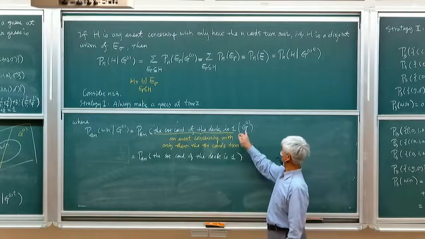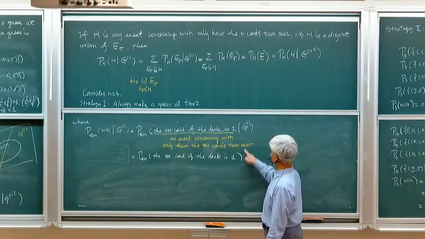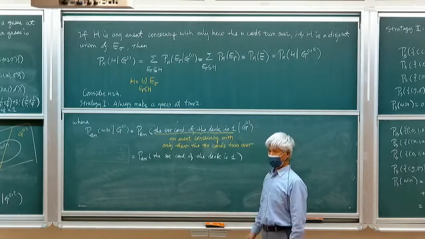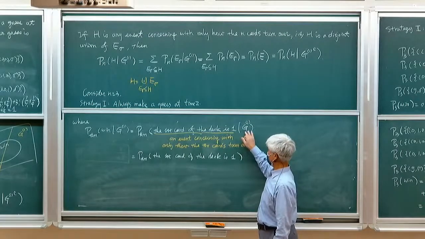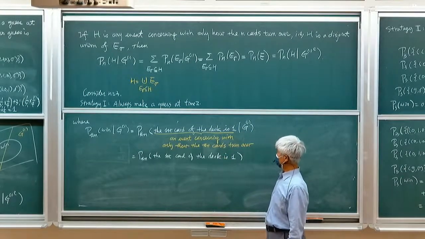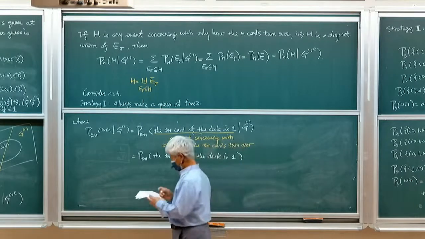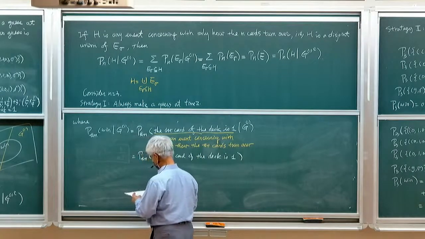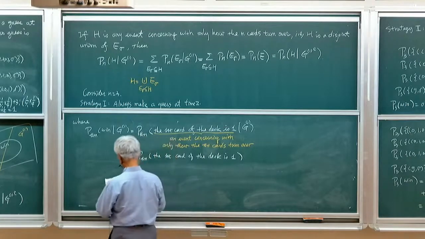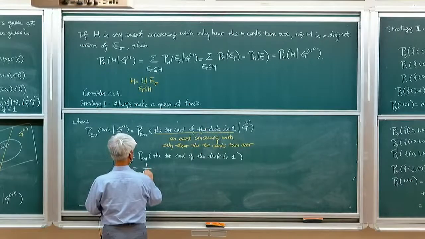This conditional probability is the same as the unconditional one, because this action will not affect whether the first card of the deck is 1. But the first card of the deck is 1 is equal to 1 over k plus 1.